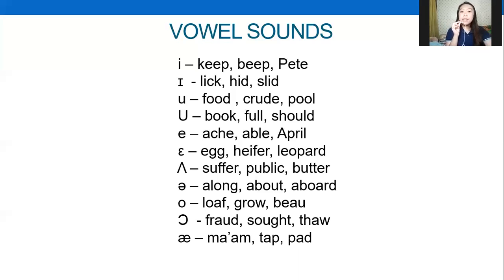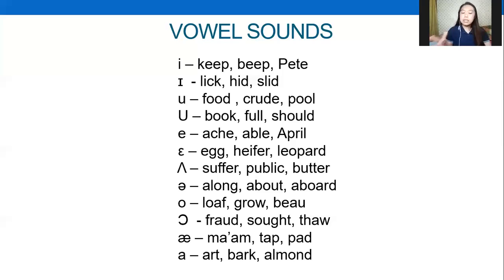Then we also have this symbol. It represents the sound a, as in ma'am, tap, pad. And last one, we have this symbol which represents the sound, just like art, bark, almond. So these are the different vowel sounds in English language.